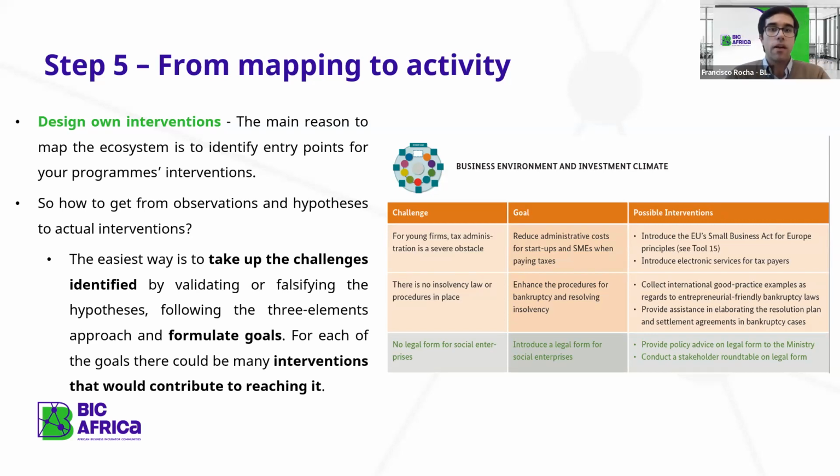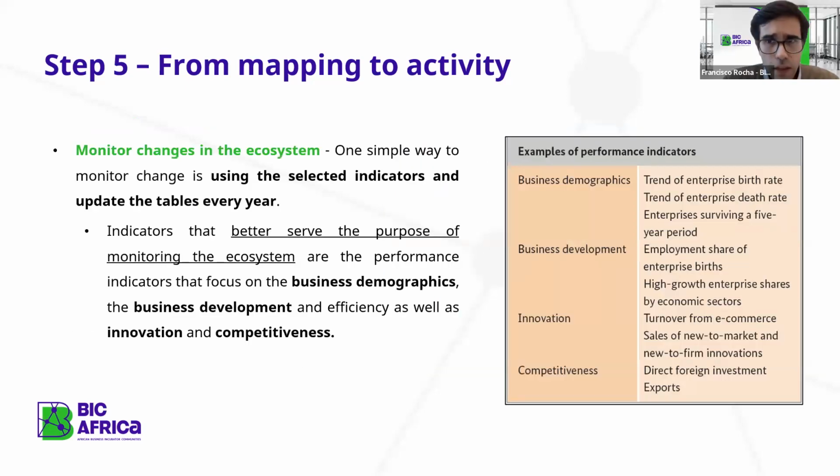In the guide, you have further examples of how you can design this and some best practices as well. So in the next slide, finally, another important point is to monitor the changes in the ecosystem.